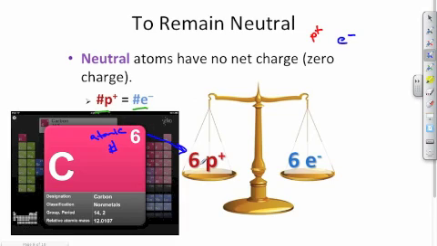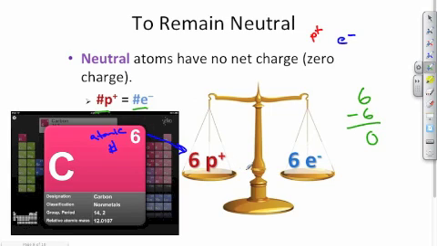And so to be a neutral atom of carbon, I have to cancel out that charge of 6 with 6 negative electrons. So if I take 6 minus a negative 6, what do I get? I get 0. So a neutral carbon atom has no net charge because all the electrons are canceling out all of the protons.